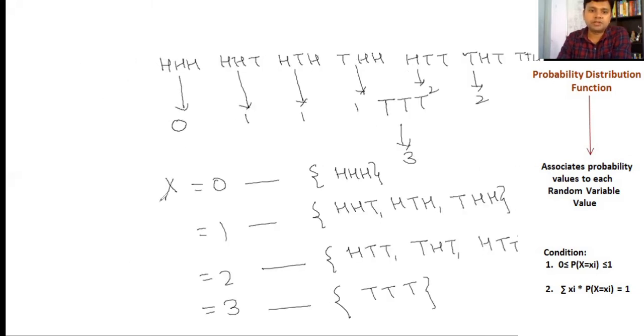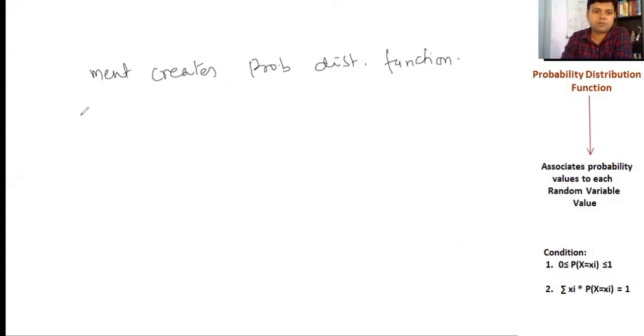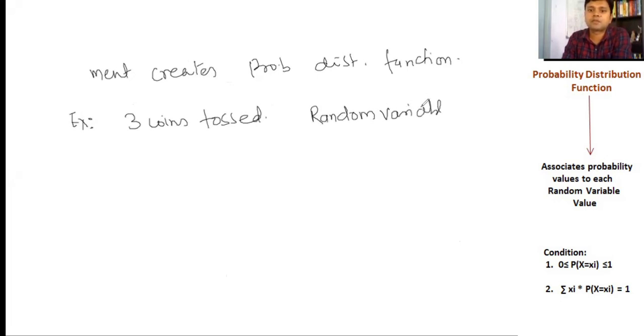So I'm copying this: random variable X is equal to 0, 1, 2, 3. What is that example? 3 coins tossed. And what is the random variable? It is the number of tails.